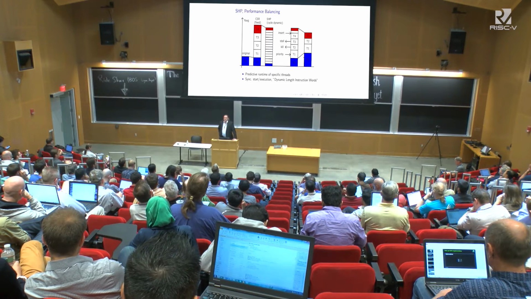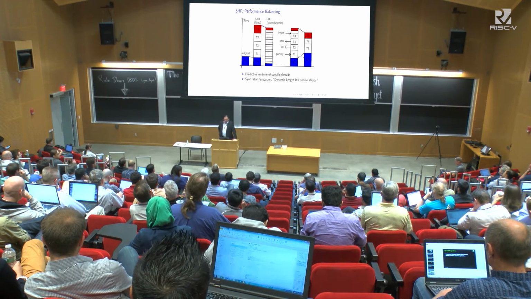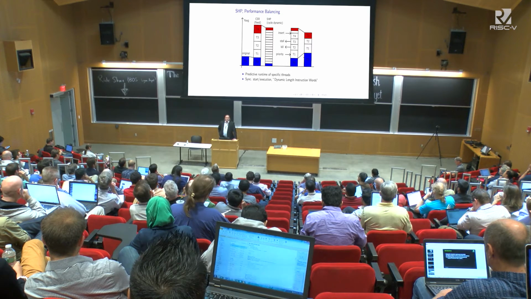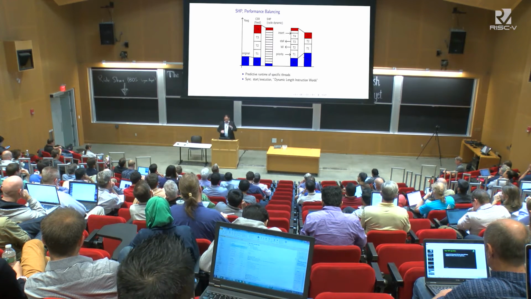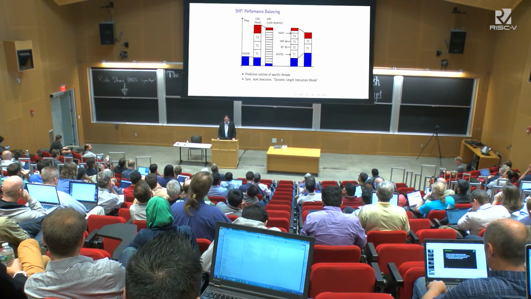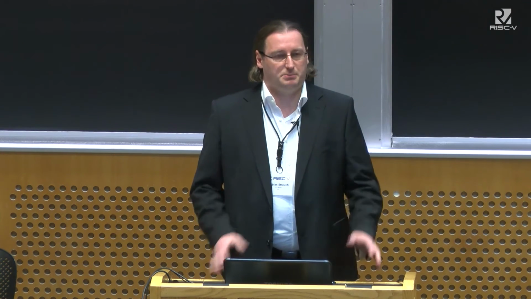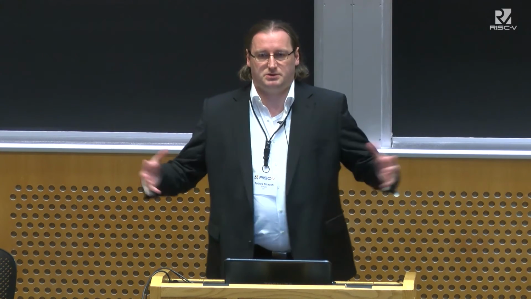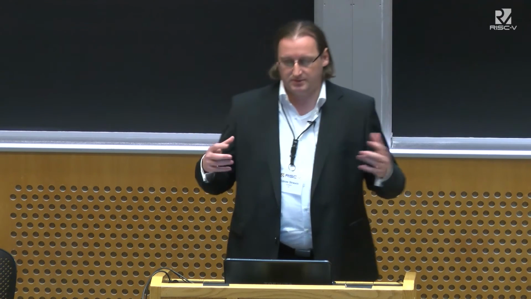But more importantly, you can insert threads, you can stall them, you can kill them. And with a priority scheme, you can even have a predictive runtime of specific threads. You can start them synchronously, and you can execute them in parallel. So you can easily generate dynamic length instruction words, like you can group them.